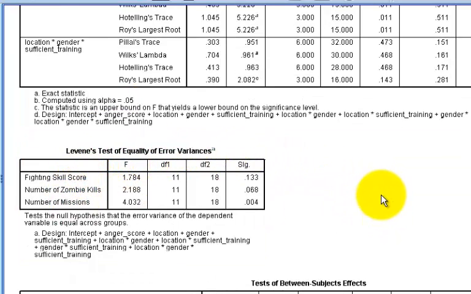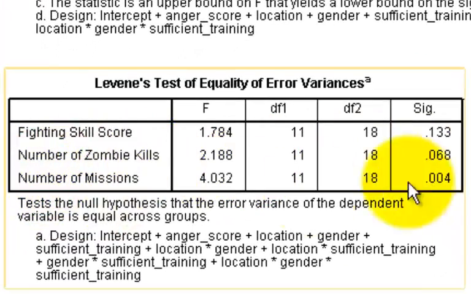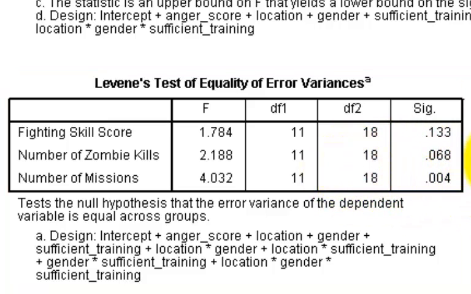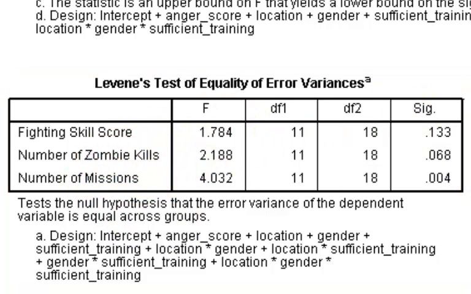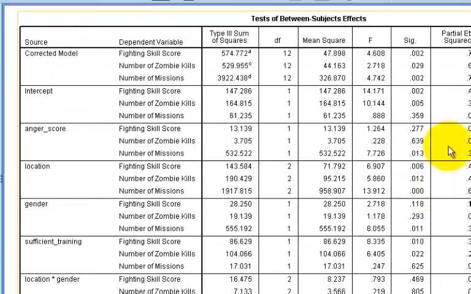So make sure that the homogeneity of variances haven't been violated, and we'll notice that one of the DVs, yes, the number of missions, the variance between that is not normal. So we have violated one of the DVs, homogeneity of variance, but I don't think that's such a big deal, so we're going to keep going. So here's our ANOVA box.